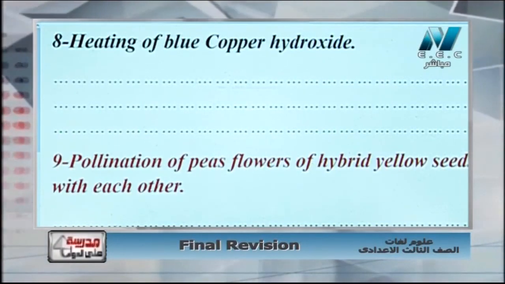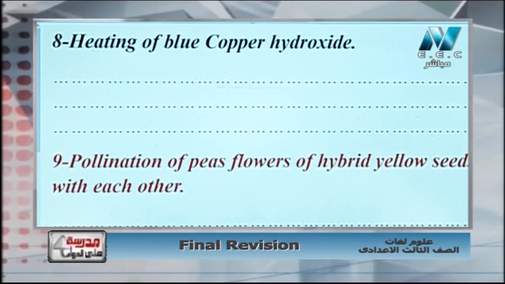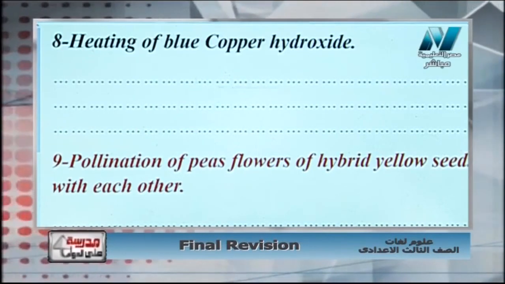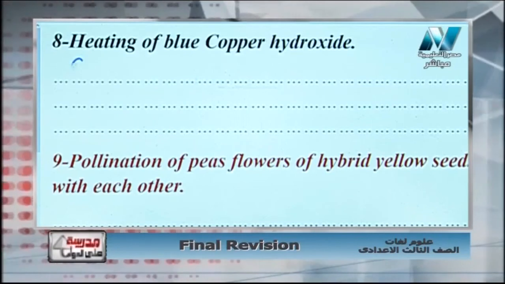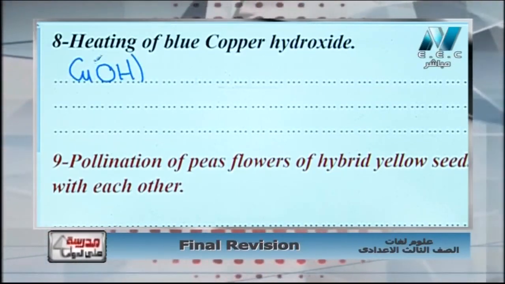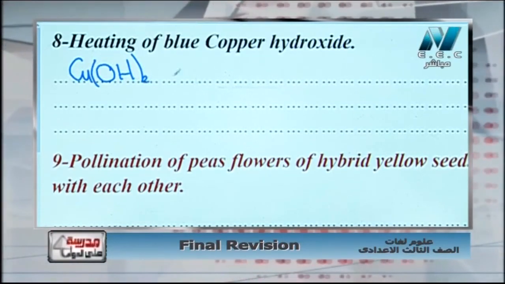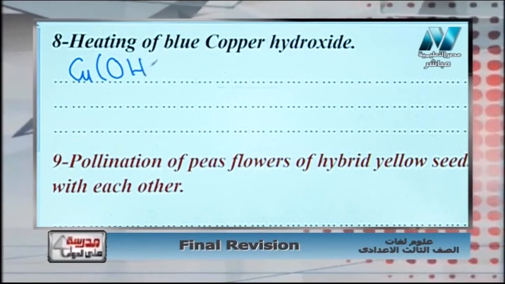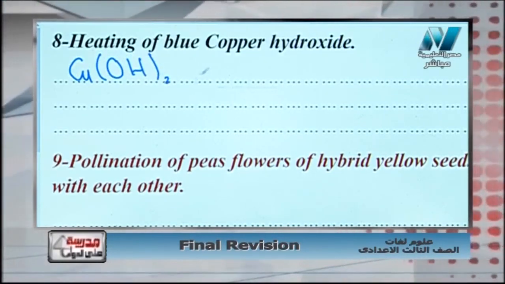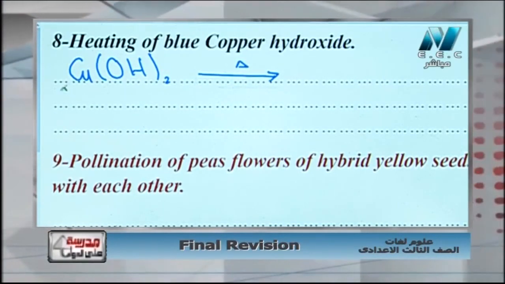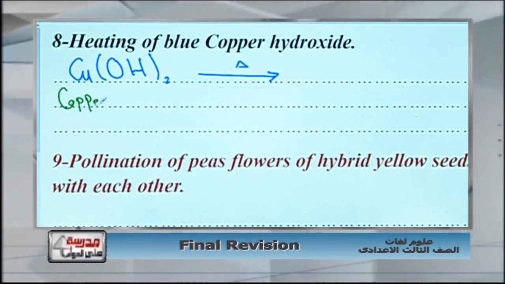طيب here we talk about heating of blue copper hydroxide. Blue copper hydroxide. So we have Cu(OH)2. We should remember the chemical formula. Cu(OH)2. Heating. Here we have copper hydroxide.